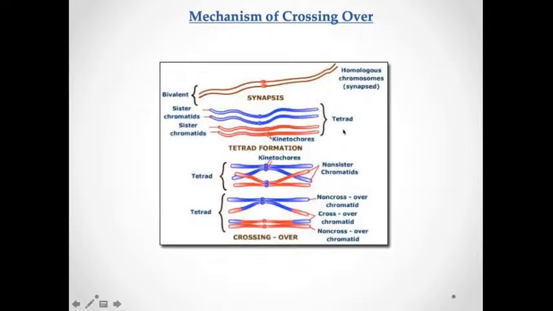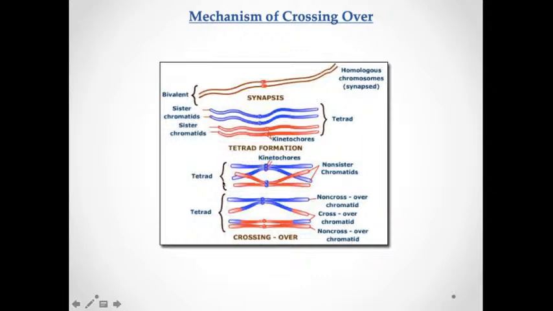Here you can see this is a bivalent chromosome, the homologous ones, and they are synapsed in this case. Now we have sister chromatids, both with different gene factors, and these are all together called tetrads. In the center they have kinetochores, and they make a tetrad formation.